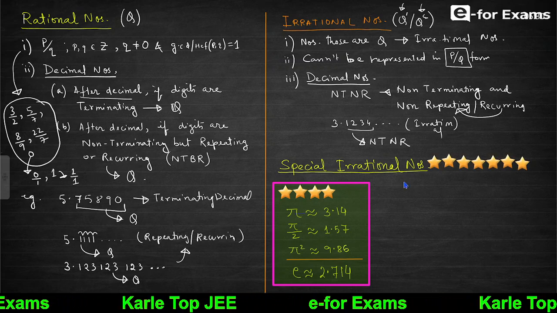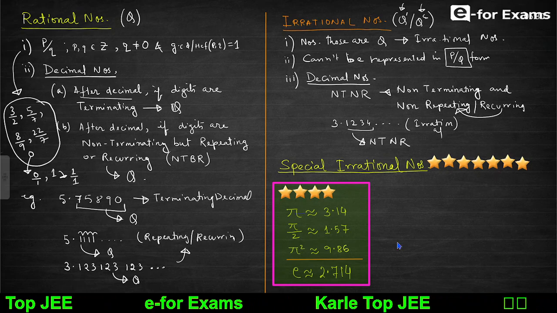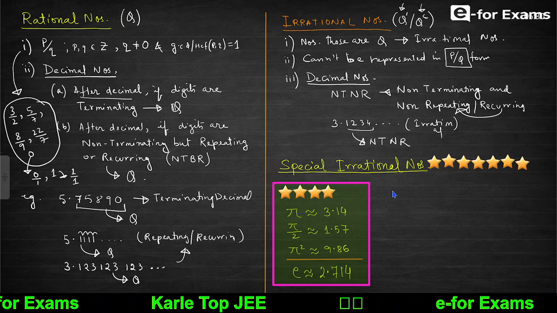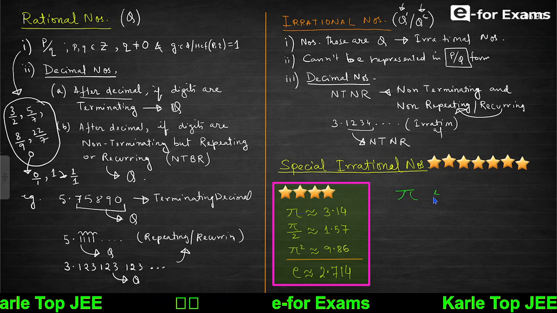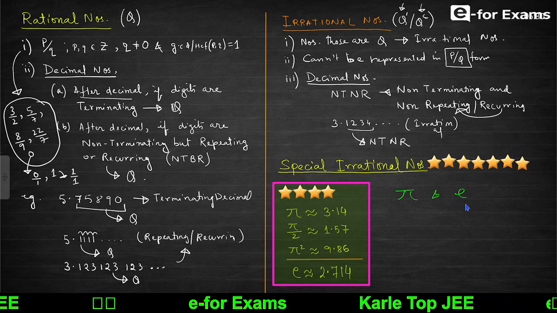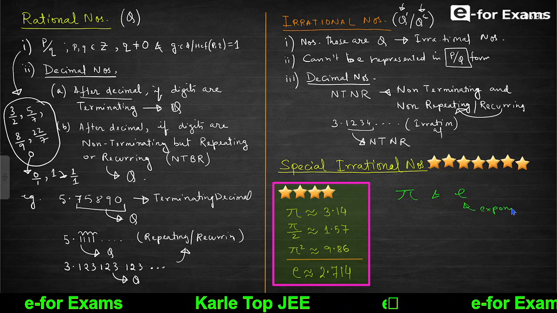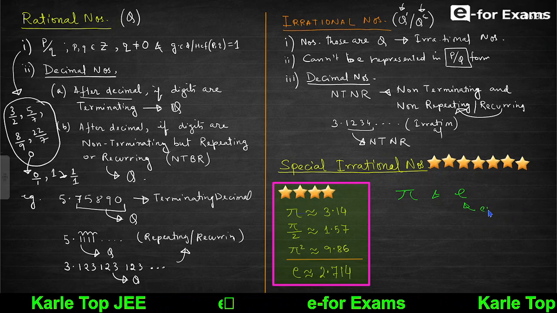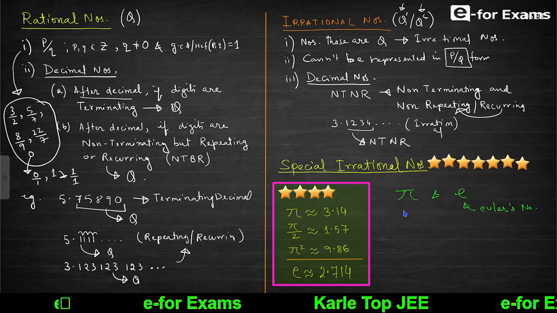This is very important: special irrational numbers. First is pi, and second is e, Euler's number. Pi, you know, right?